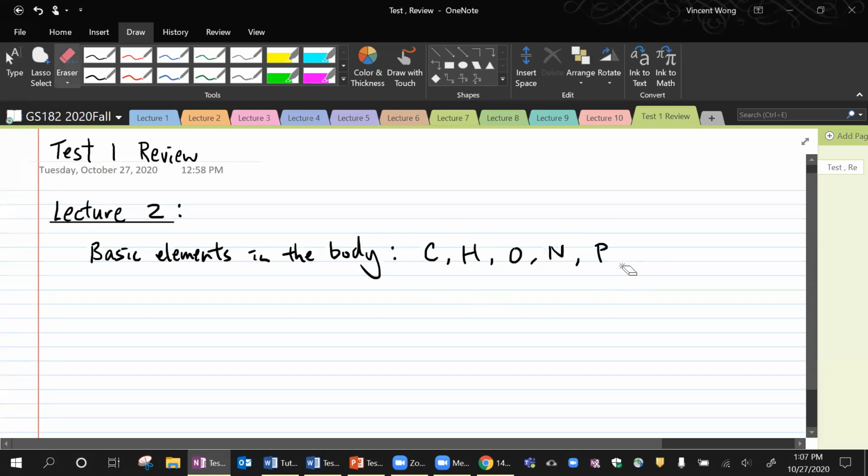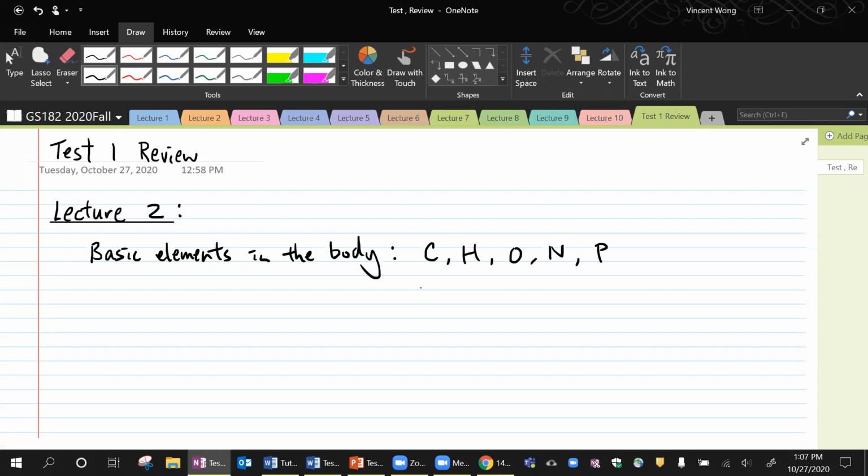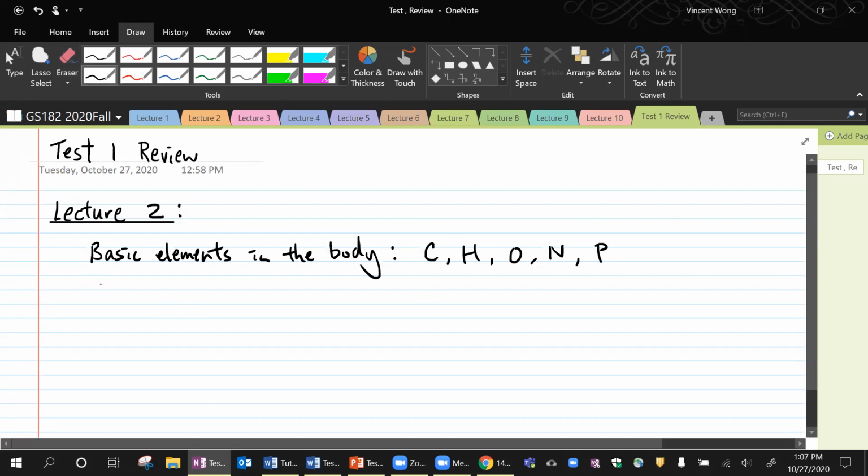These are the common elements in the body. They are the ones that make up a majority of the molecules within the body. And of course, the important thing to know is when we discuss macromolecules, you have to know what atoms make up what macromolecules. We're gonna do a summary of that in a bit.